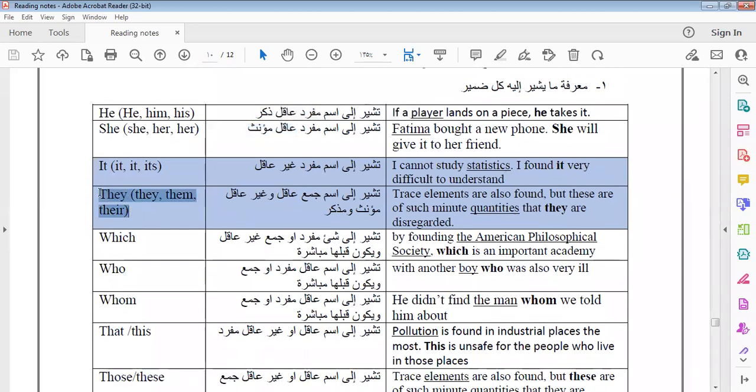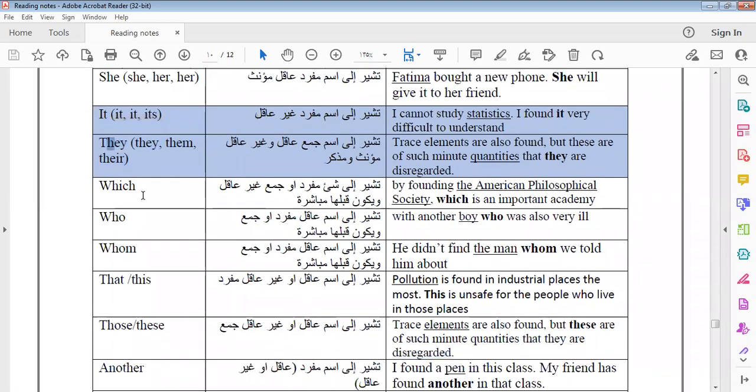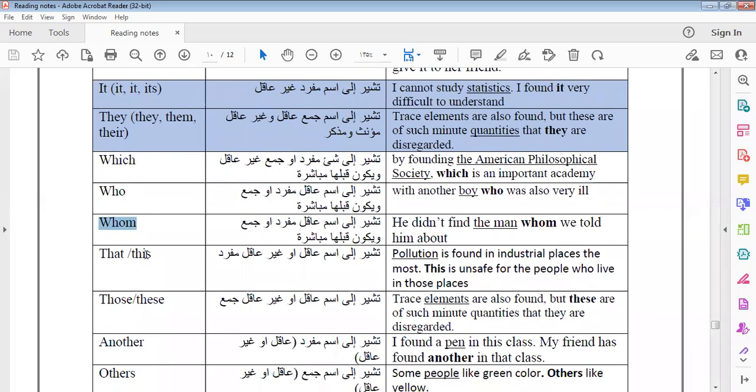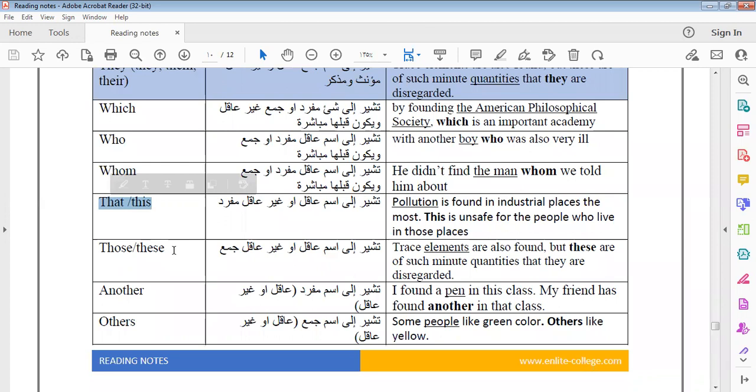They refers to plural, either persons or things. Which refers to singular or plural, but it must be something, not persons. Who refers to a person. Whom also refers to a person. This or that refers to a person or something singular. Those or these refer to a person or thing, plural.